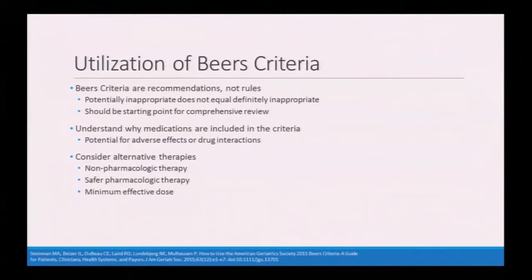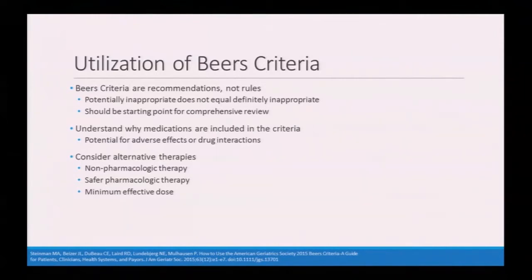And so when we think about utilizing the Beers criteria, like I said, those are recommendations, not necessarily hard and fast rules. They kind of just list the adverse effects that you would see from medications and say avoid or not avoid or what to do. But potentially inappropriate does not necessarily mean definitely inappropriate.